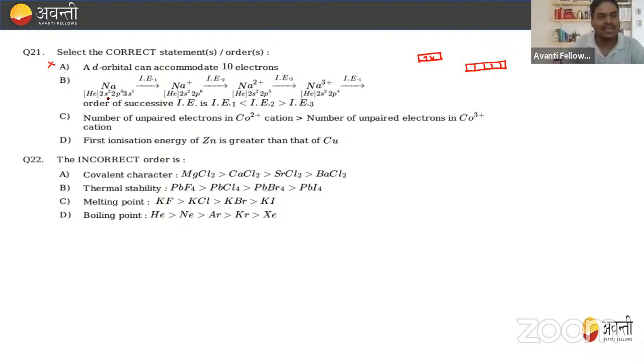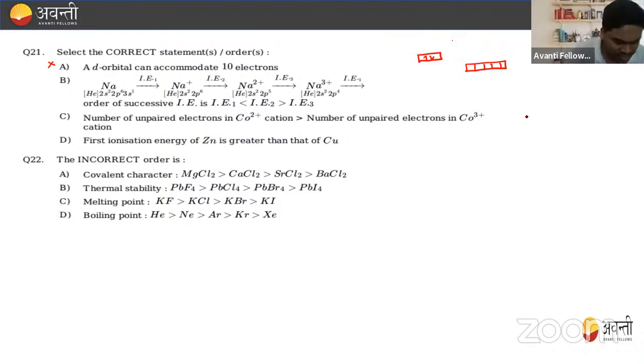Now, for Na, that is ionization enthalpy 1, then ionization enthalpy 2, and so on. Now the order of successive ionization enthalpy is given: IE1 is less. Yes, this is absolutely true. Then IE2 and IE3. It says IE3 is greater than IE2. This is not right, IE2 is greater than IE3, right?